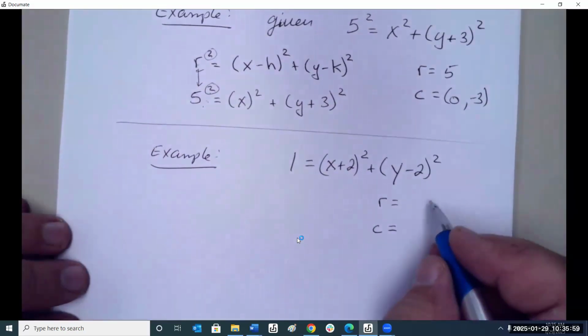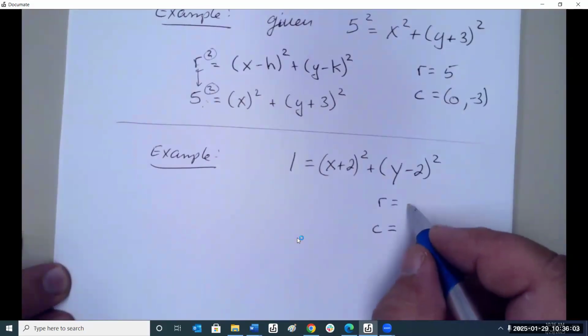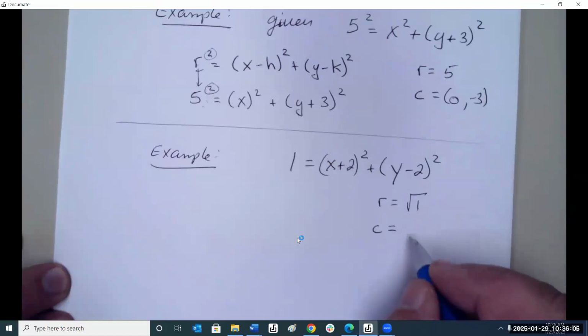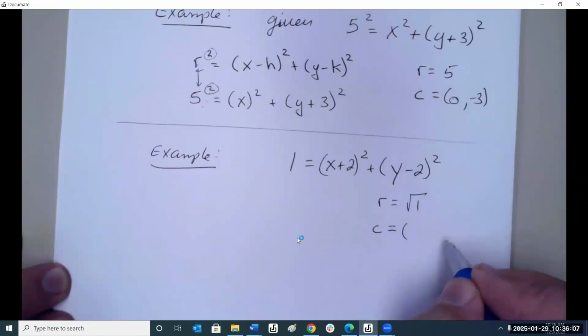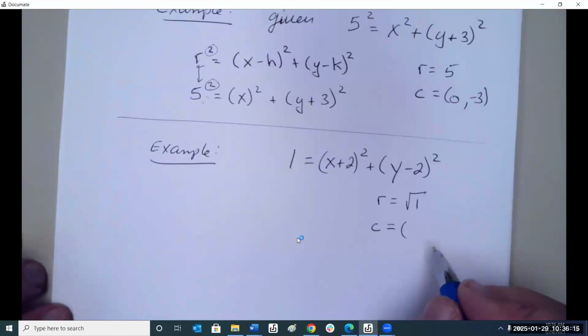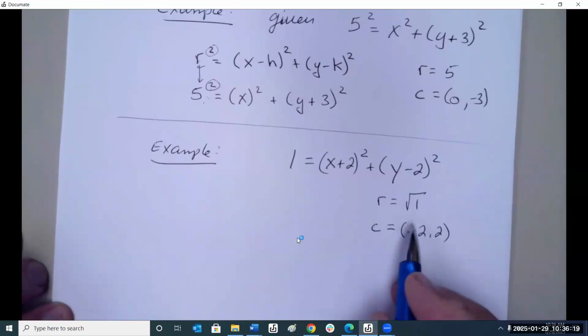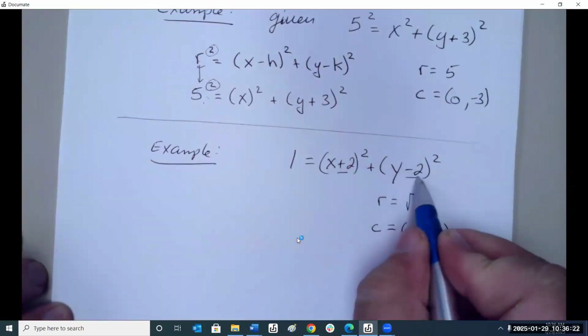What's my radius? What's my center? What's the center? The center is always the opposite of what's inside there.